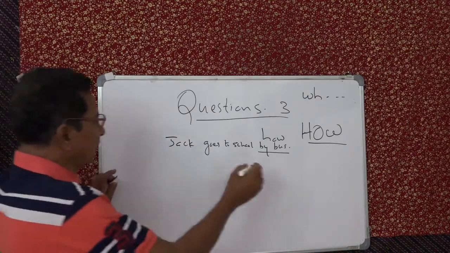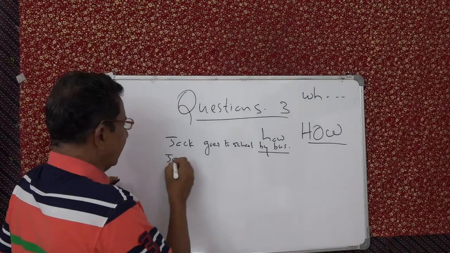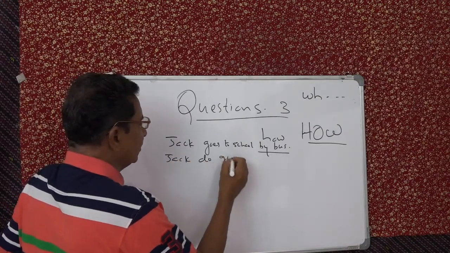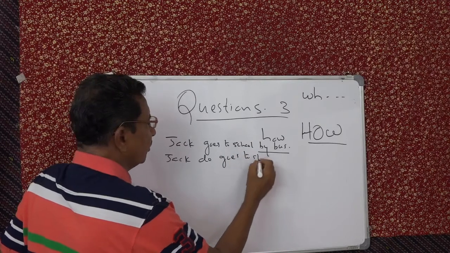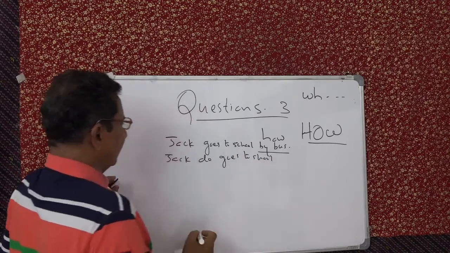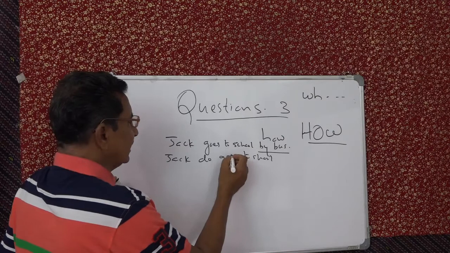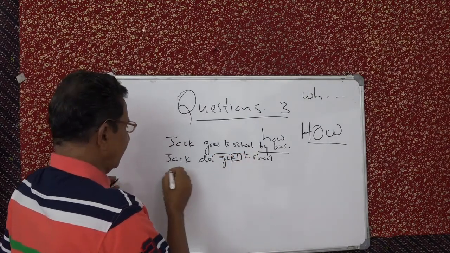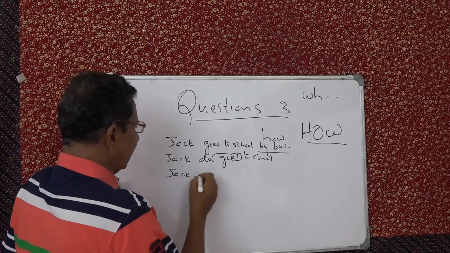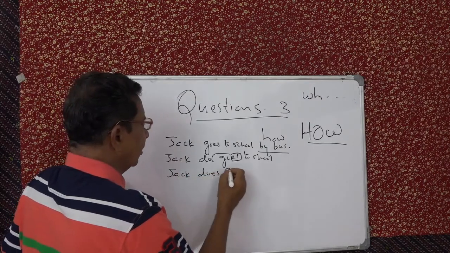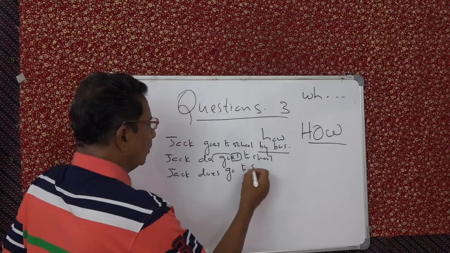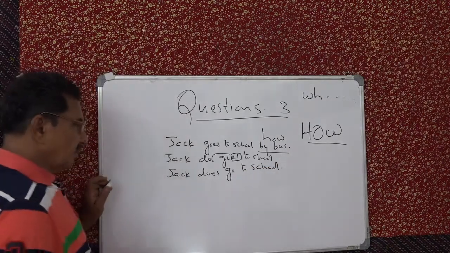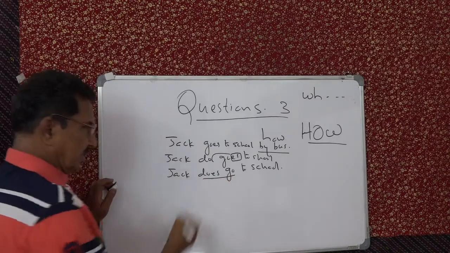So here, same procedure. Jack goes to school. Then this ES is taken and added here. Next step is Jack does go to school. Now what have you to do? You have got two parts.